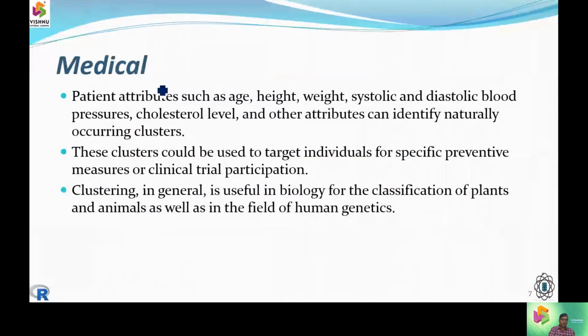The next thing was we need to have medical parameters. So here we are going to have the patient attributes.